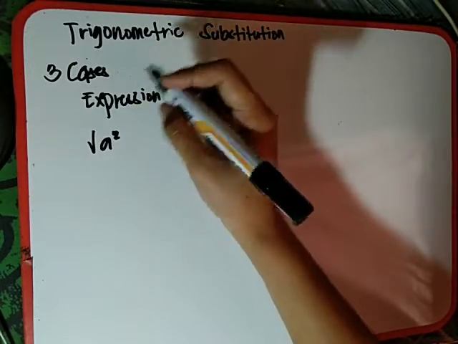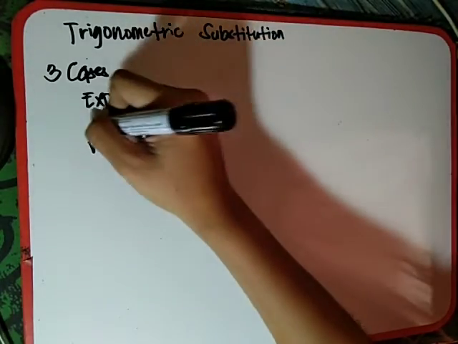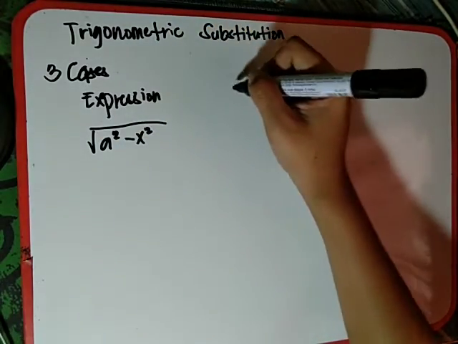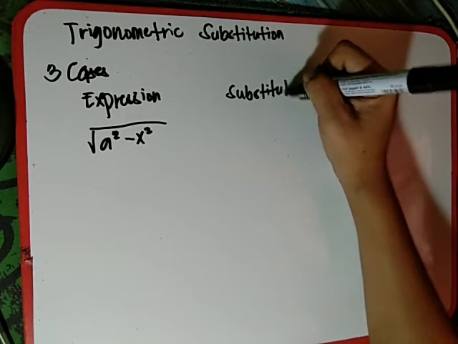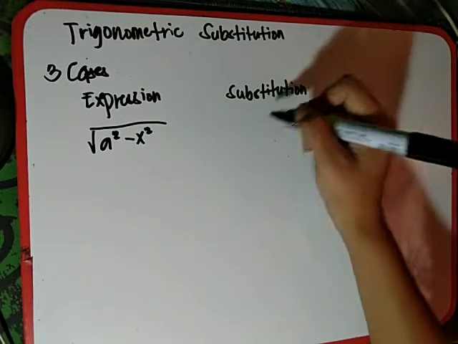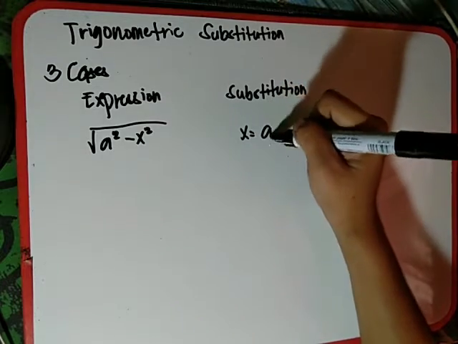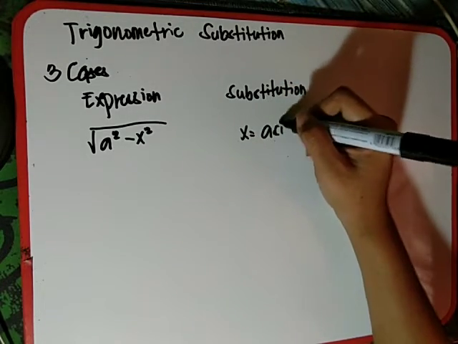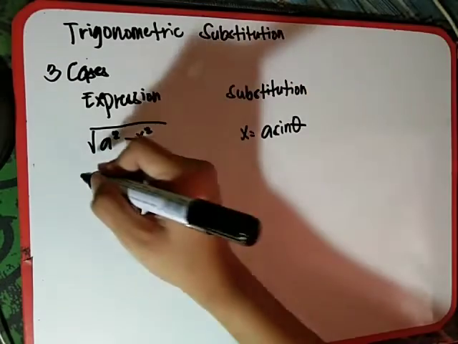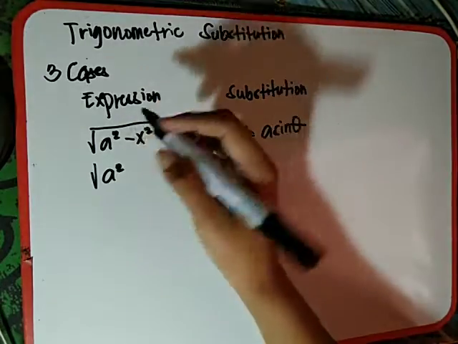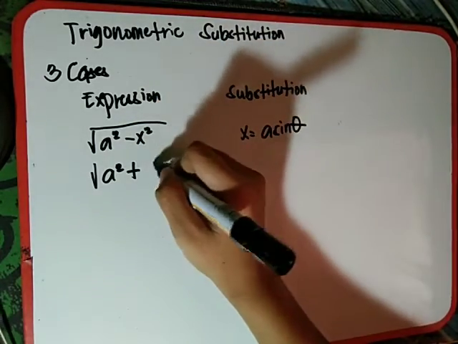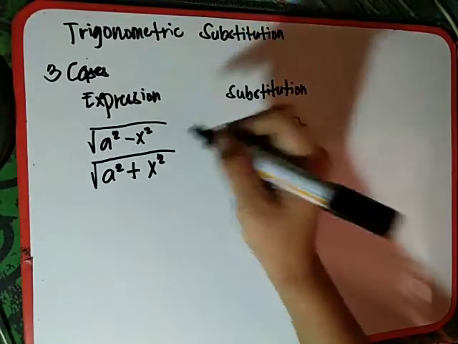We have the expression a squared minus x squared, and the substitution is x is equal to a sine theta. The next expression is a squared plus x squared.